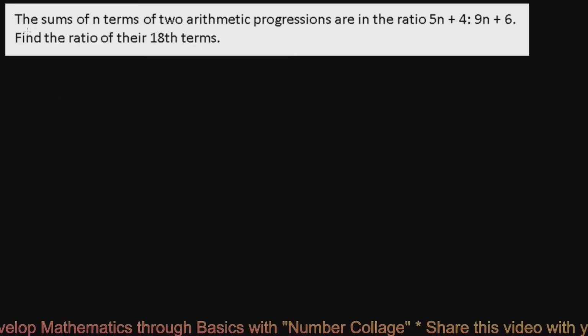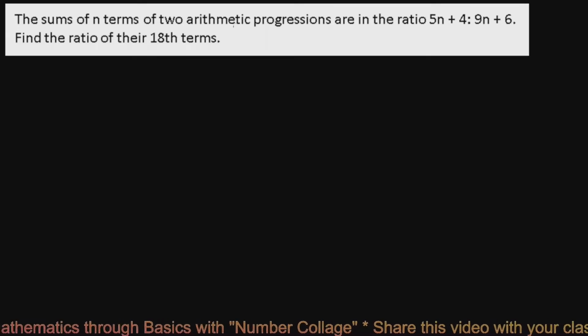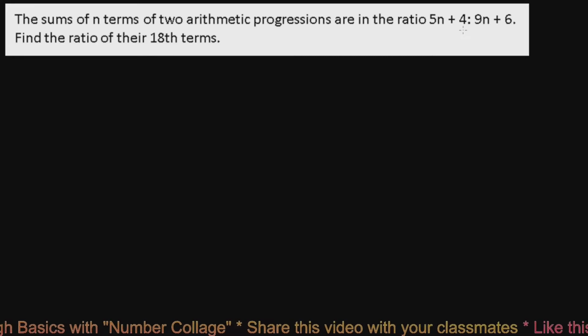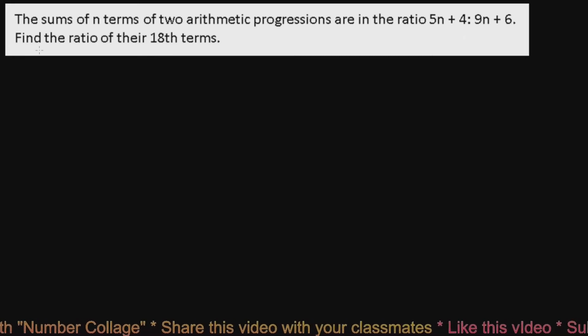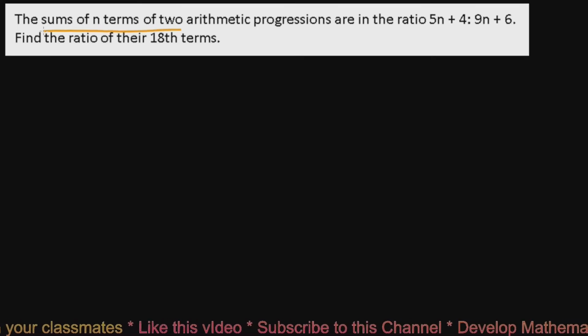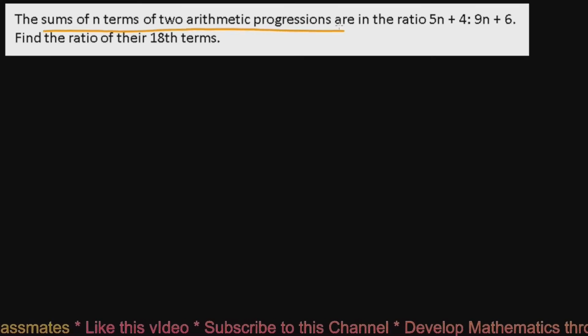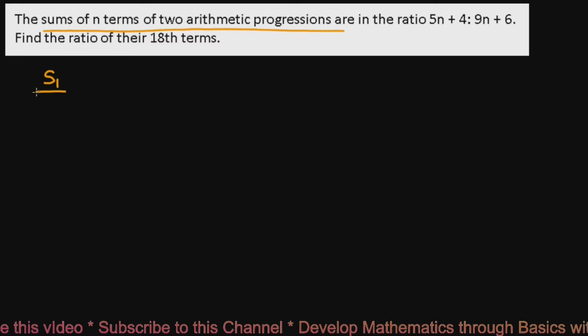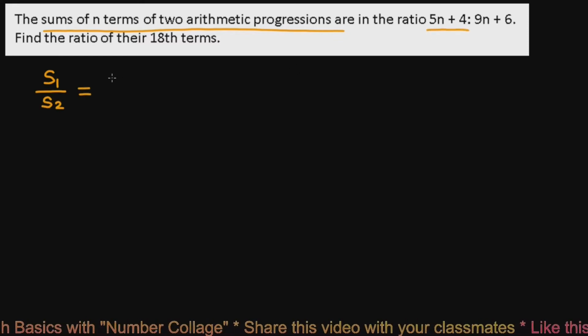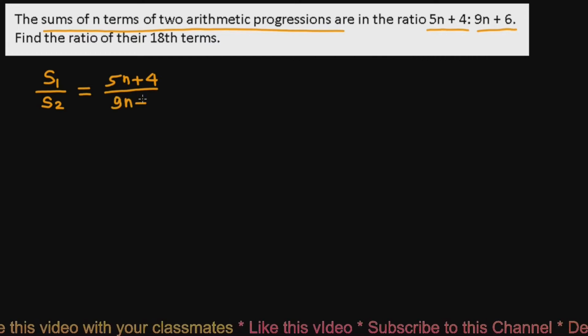Next problem, the sums of n terms of two arithmetic progressions are in the ratio 5n plus 4 is to 9n plus 6. We have to find the ratio of their 18th terms. The sums of n terms of the two arithmetic progressions we will write as S1 upon S2, which equals this 5n plus 4 upon this 9n plus 6.